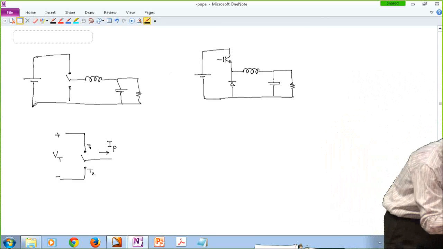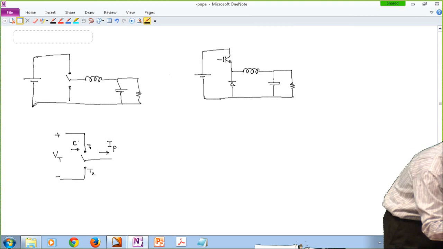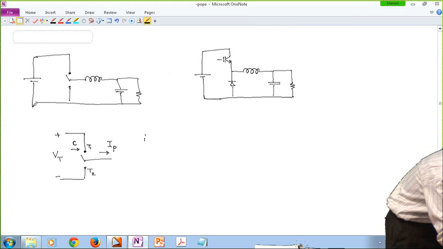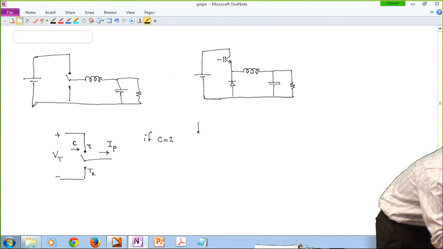And obviously there is a control signal applied here. Let's call it C. The definition is if C equals 1, or active, or true, or 5 volts, or something like this, the top throw is engaged. And if C is 0, the bottom throw is engaged.